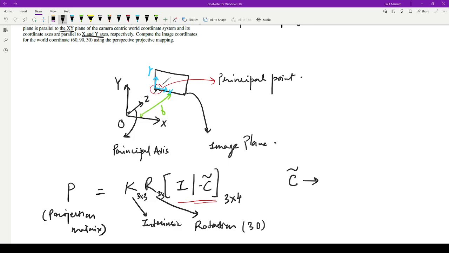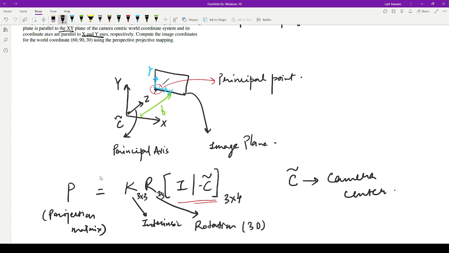What does it mean? It is the camera center. So instead of O, I should write here C tilde. I hope this part is clear.